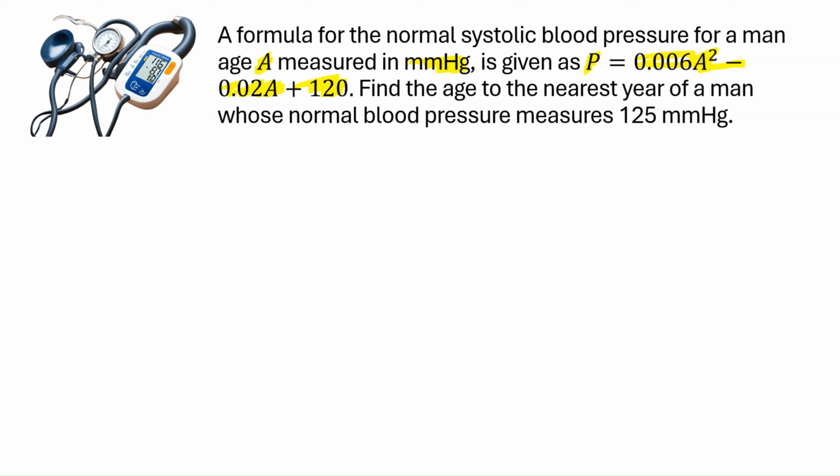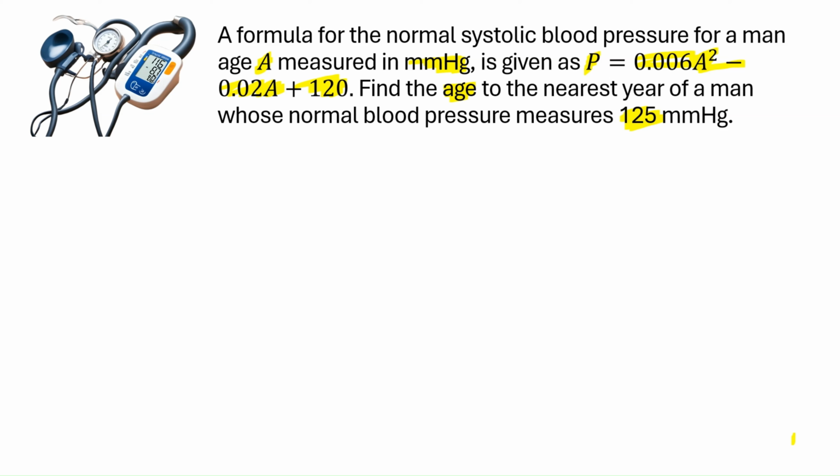What we need to do is find the age to the nearest year of a man whose normal blood pressure measures 125 millimeters of Hg. We are given a formula and the value of the pressure, and we are looking for the variable A that represents the age of the man.